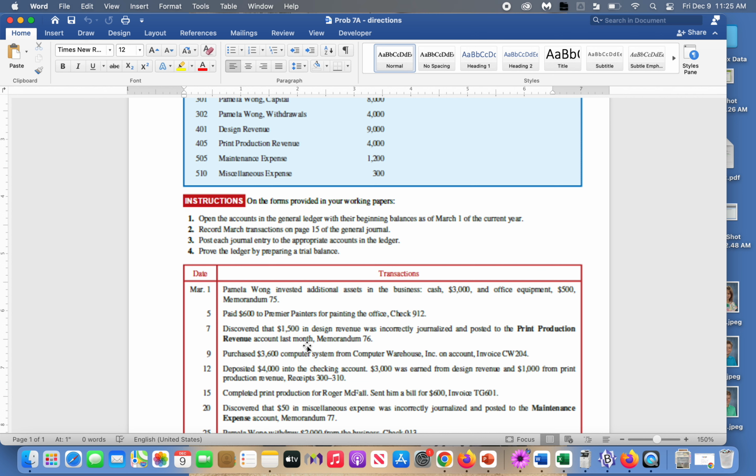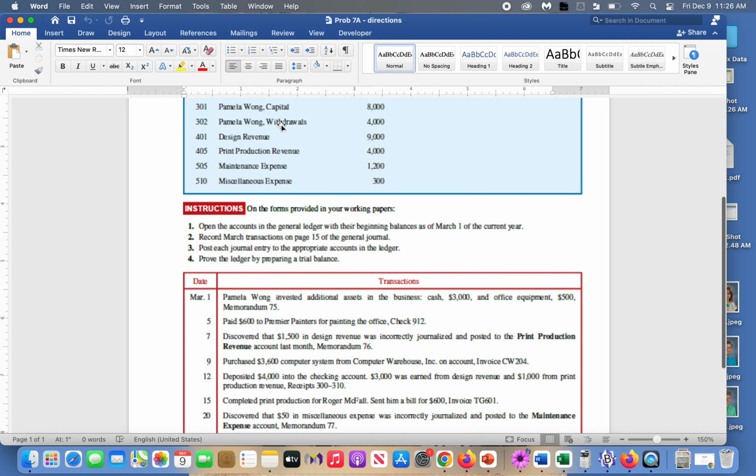Now we can't see it because it's last month and we're starting over, but we know it. So what we would do here is we would need to make a journal entry for print production, and we would need to debit back print production revenue and credit the right amount, design revenue.